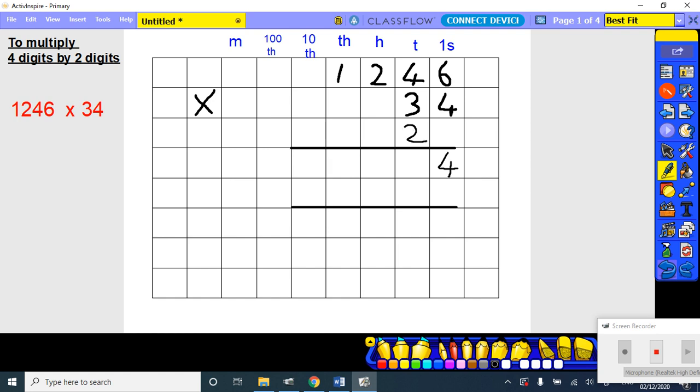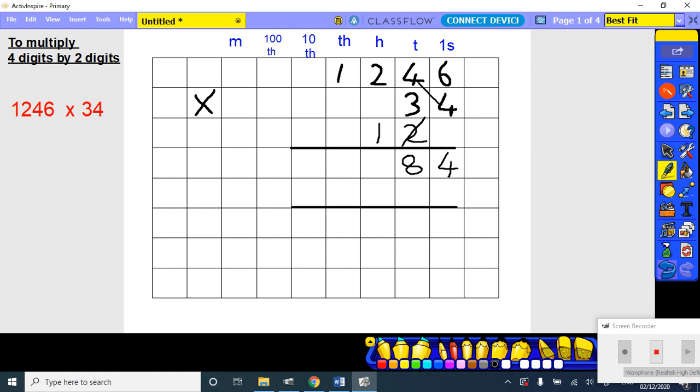Now we've done 4 times 6, we'll now do 4 times 4. 4 times 4 is 16, plus we have these 2 extra tens to add here, which gives us 18 tens. So the 8 goes here, and this goes here, as 18 tens is the same as 180.